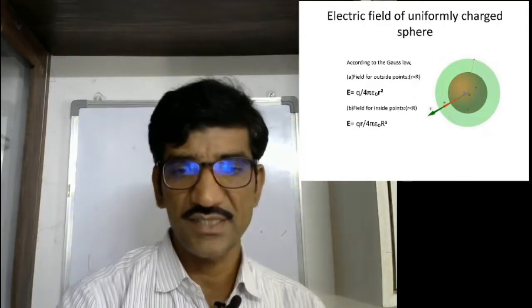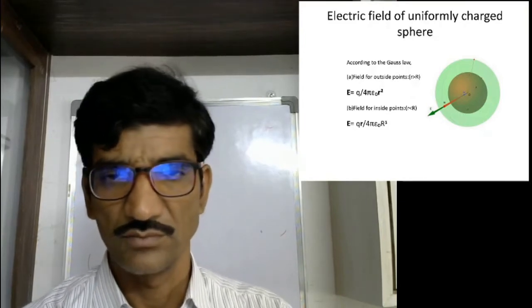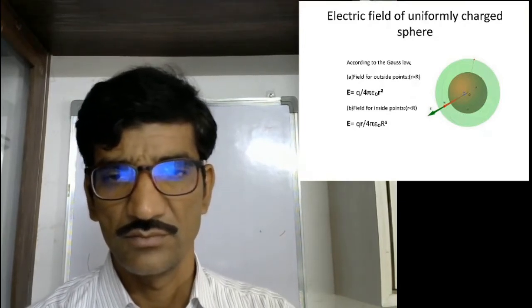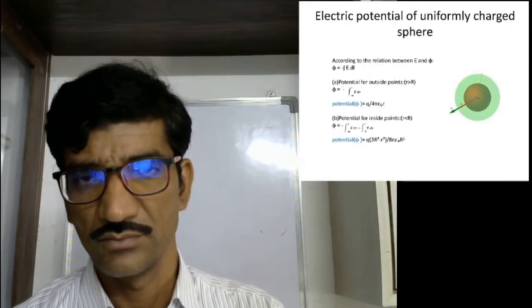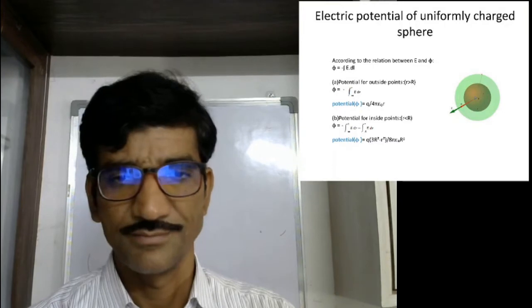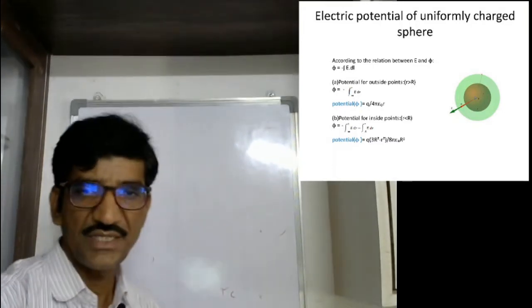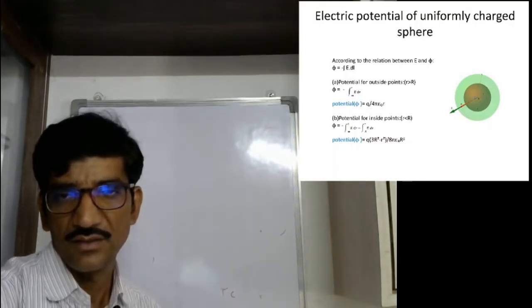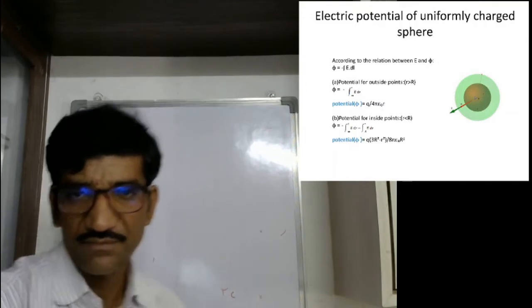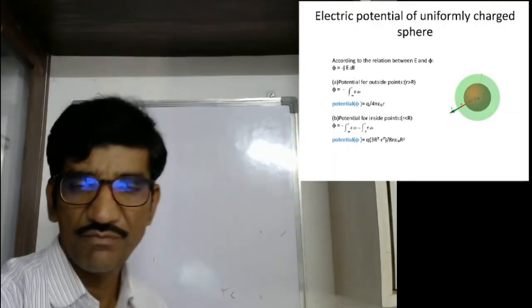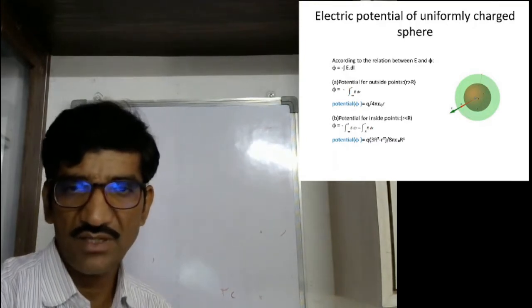You can see the results here on the slide. Phi at the outside points is q by 4 pi epsilon naught r.